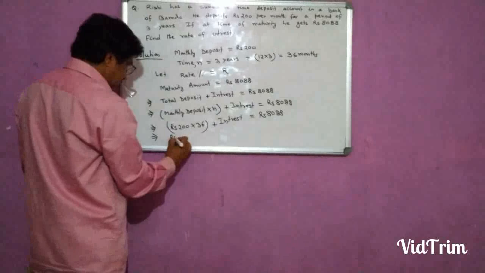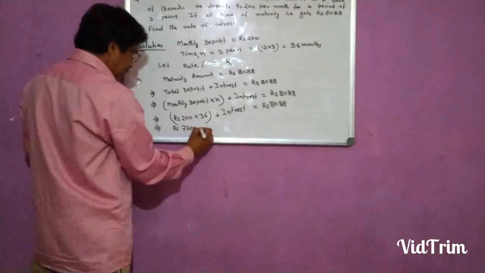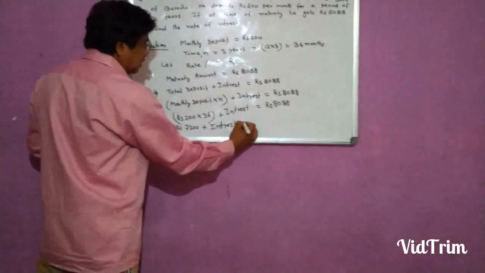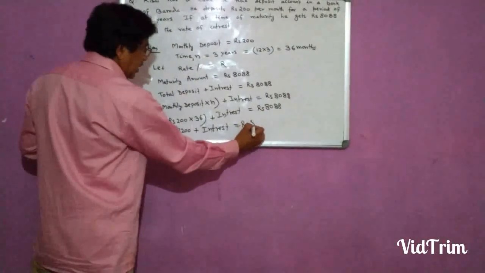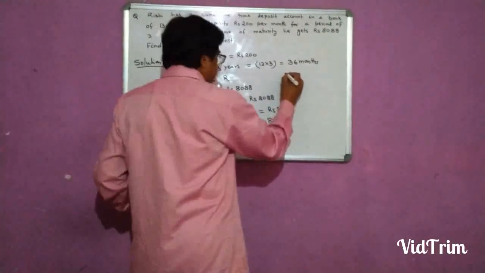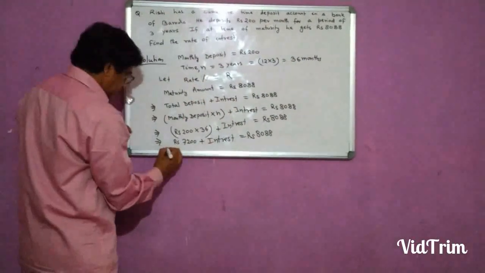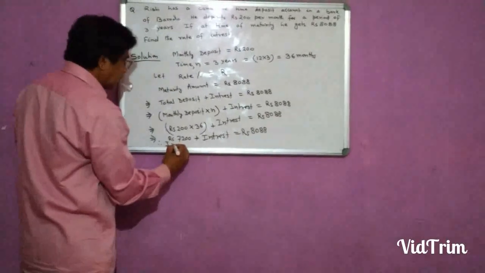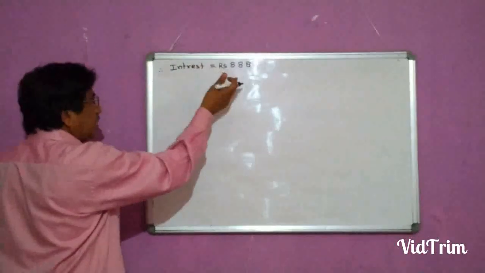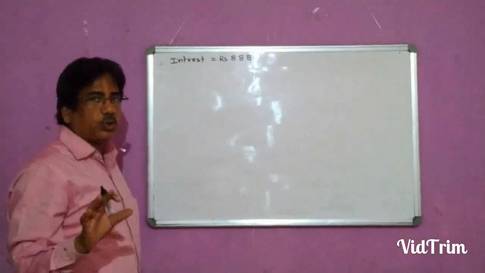Rupees 7200 plus interest is equal to rupees 8088, and therefore only interest will be equal to rupees 888 as the interest on this total deposit.